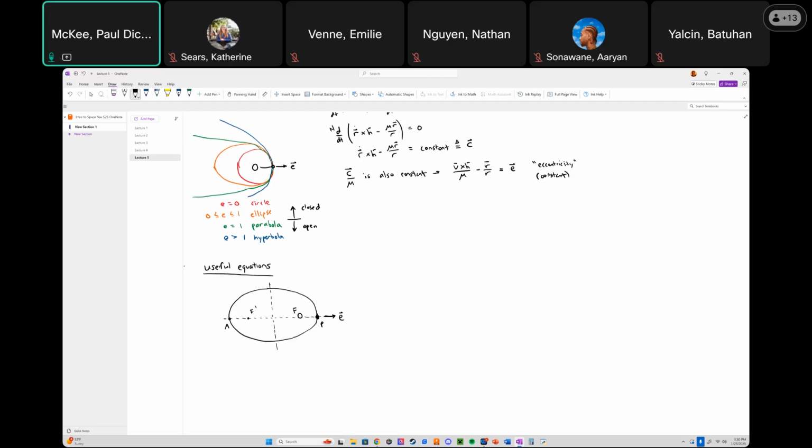Okay. Now, this distance here is the shorter of the two axes. So it's a little bit like the radius of a circle. But of course, an ellipse has two radii. So you could think of them as the major and the minor radii. Or in this case, this B is the semi-minor axis, and this A is the semi-major axis, if that makes sense.